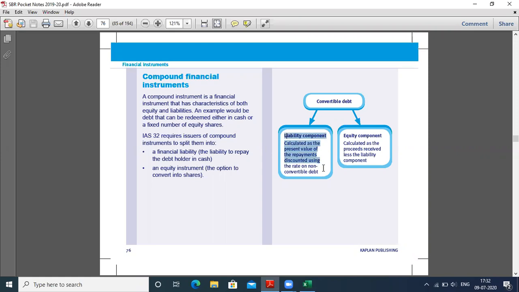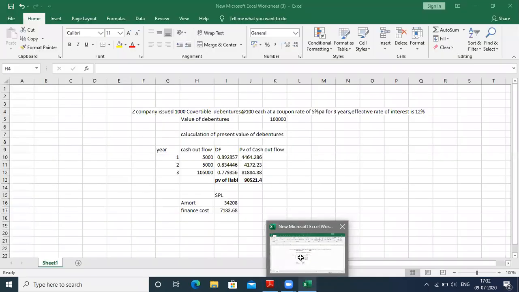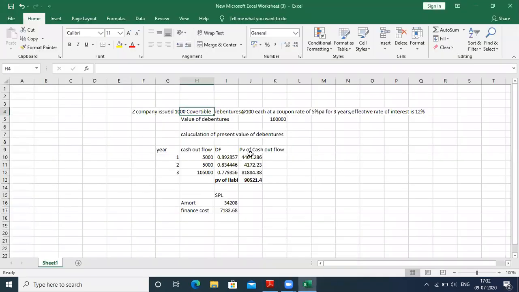How to calculate the liability component? It is calculated as the present value of the repayments discounted using the rate of non-convertible debt. Then the equity component is calculated as the proceeds received less the liability component. I am not explaining the calculation part because you might already be knowing it.